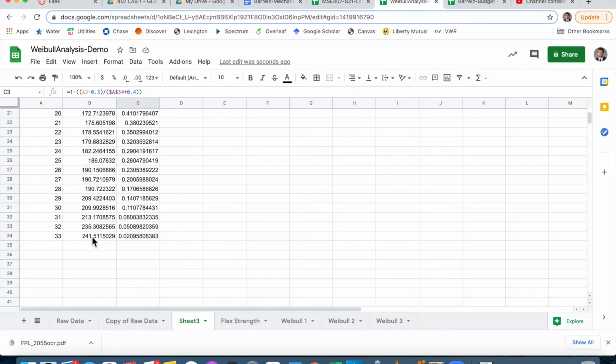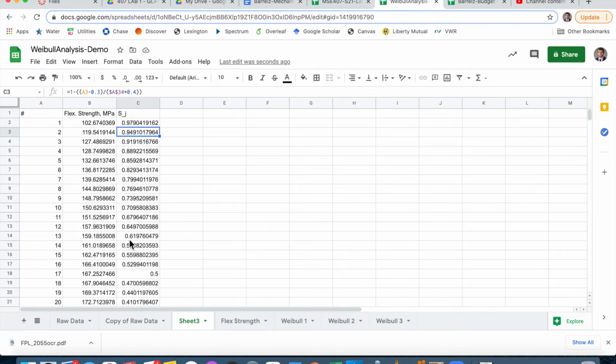So if we bring up the force on the glass rod to 242, roughly, it only has a 2% chance of surviving, or 0.02, right? So that's what this is giving us. So you can always do a sanity check. Lower the number of strength, the higher the probability should be if we're looking at survival. All right, so we've got that.